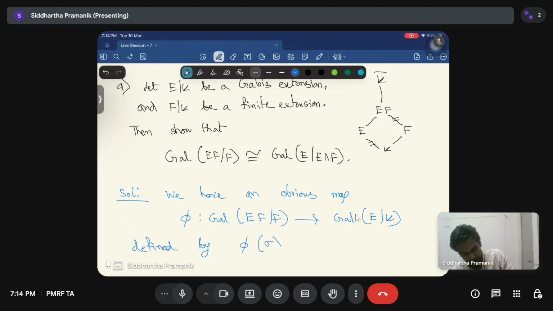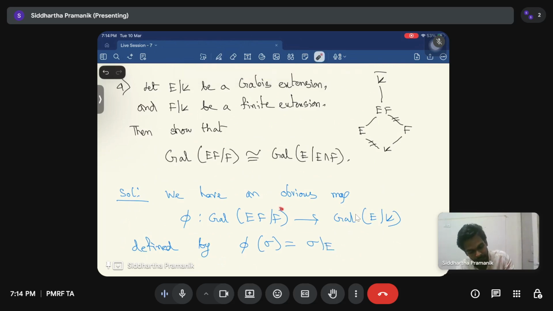So phi of sigma is sigma restricted to E. Sigma fixes F and K is a subfield of F, so sigma also fixes K. So it is well defined.